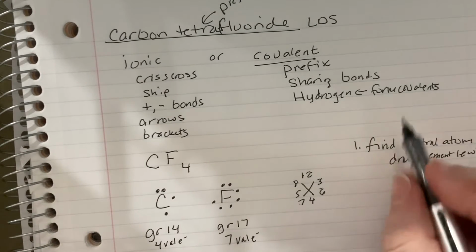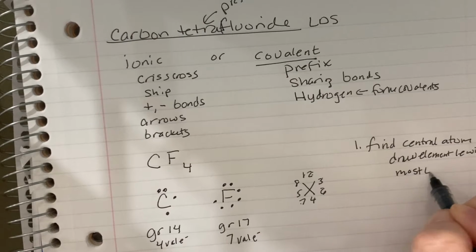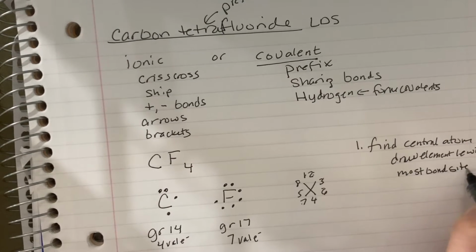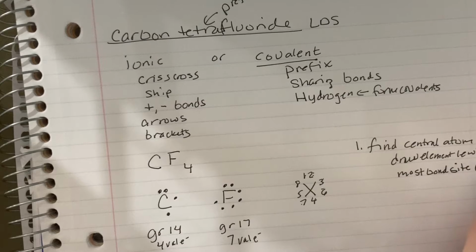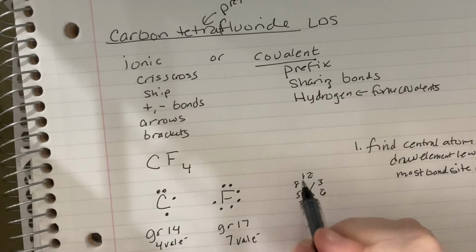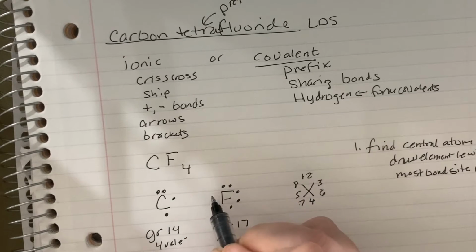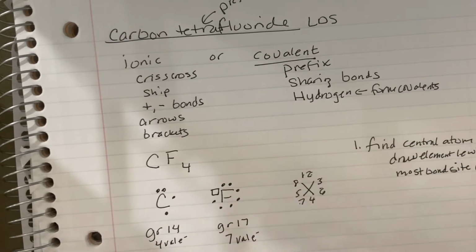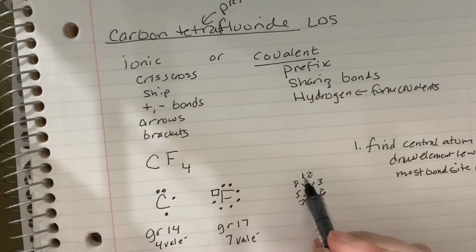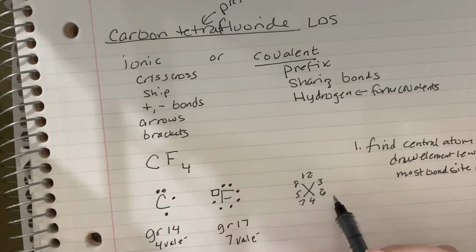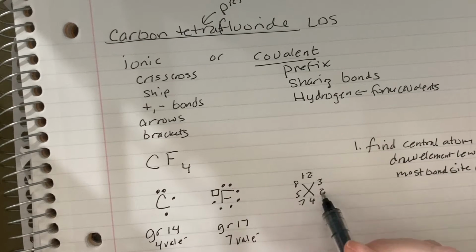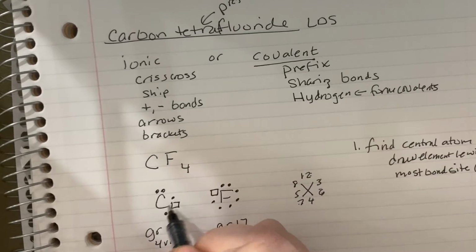All right. So we need to see who has the most bonding sites, and that's the boxes. Okay, so for every empty spot, so fluorine has 7 filled and an 8 is empty, he has 1 bonding site. Carbon has 4 full, and then he has 5, 6, 7, and 8 are empty.